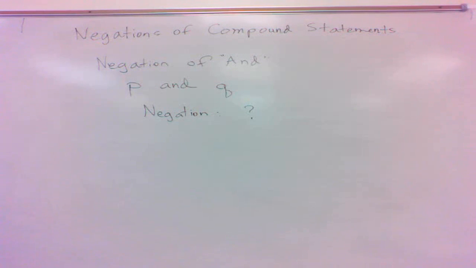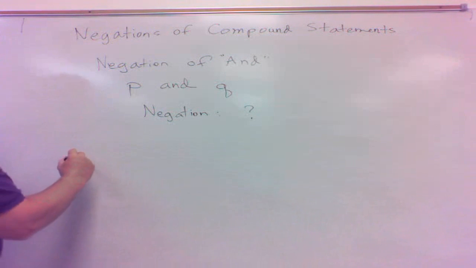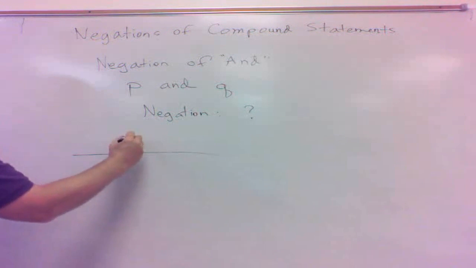Well, one way to do it is, how about a truth table? One thing truth tables are useful for is showing things like this. What is a negation? What isn't? What's equivalent? What isn't?